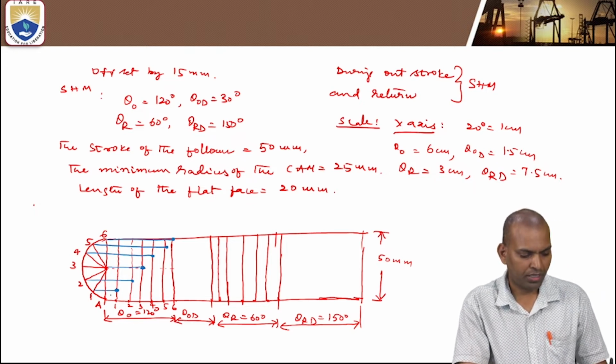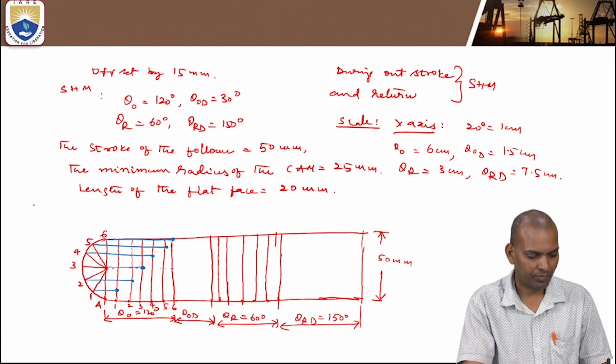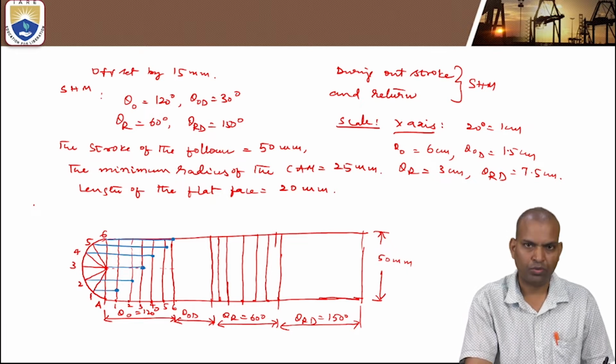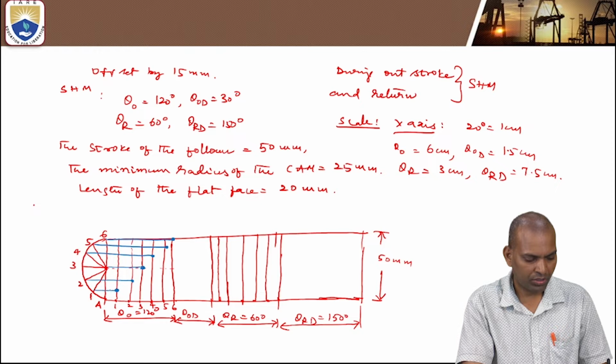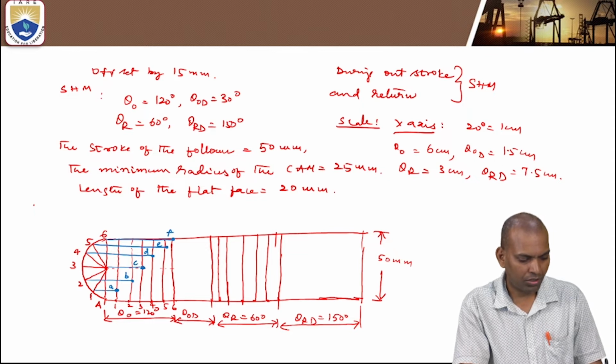These are the points; name them as required, A, B, C, D, E, F. Join all these points with a smooth curve.